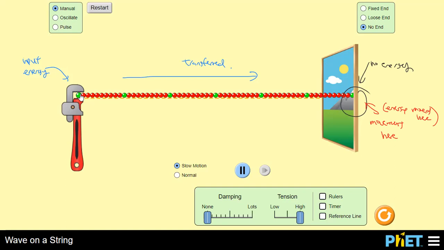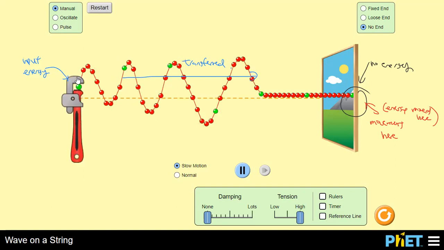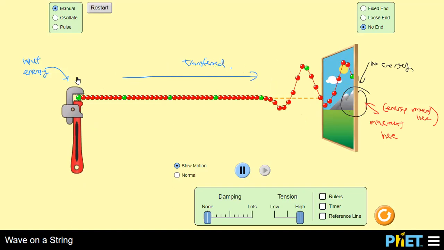Now, the next thing we need to say about that is the how it does that. And if you were to look carefully as we move this up or down, or if you think about you holding the rope, the question I want you to think about is, does the rope move to the right?